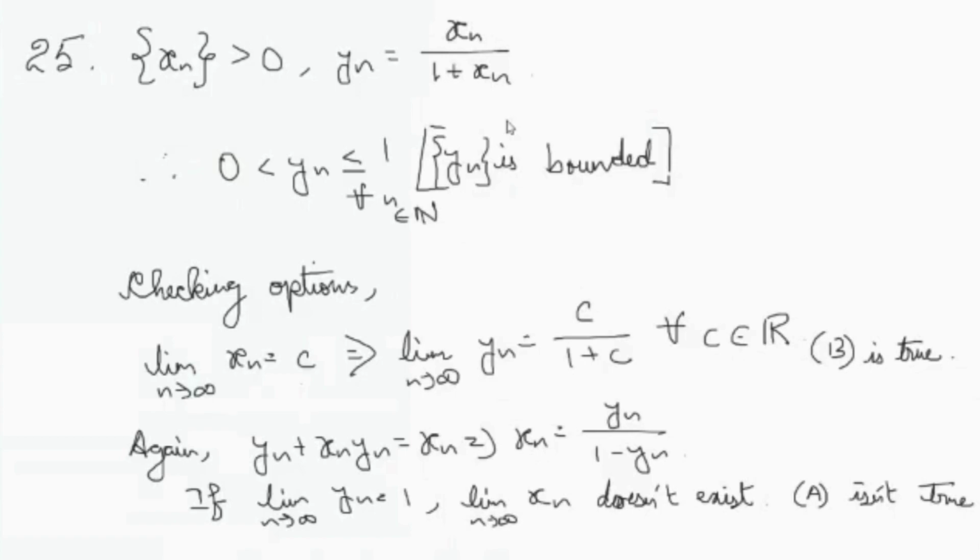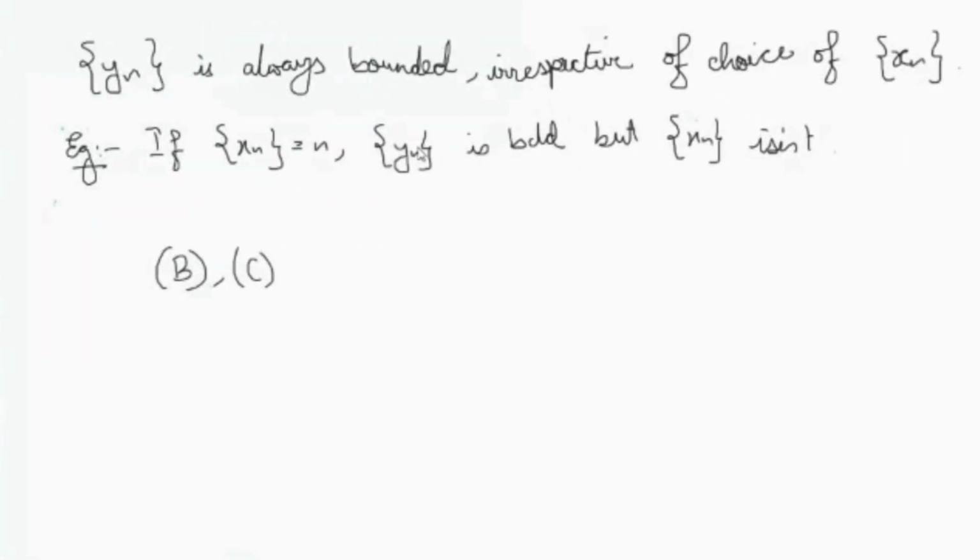So if limit n tending to infinity y_n is equal to 1, then limit n tending to infinity x_n doesn't exist. Since x_n is y_n by 1 minus y_n, if the denominator goes to 0, then obviously x_n won't have a limit, so A is not true. However, B is true.